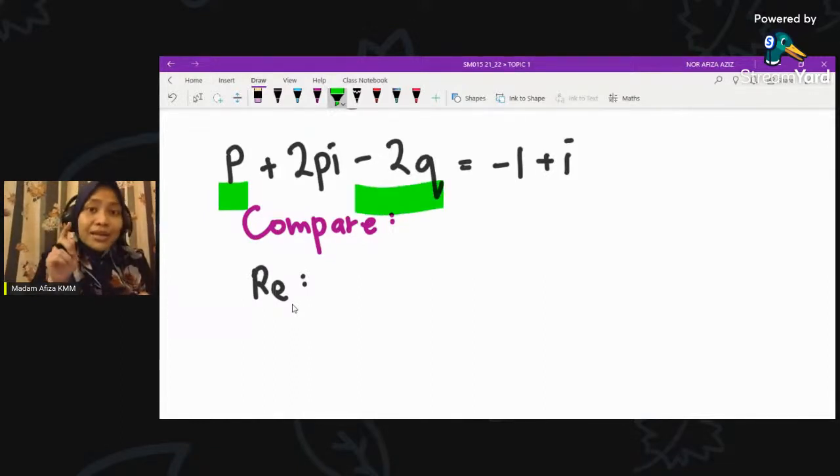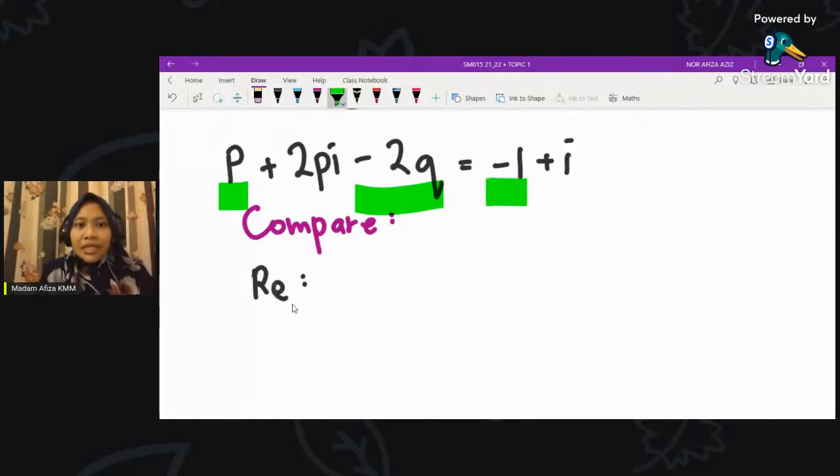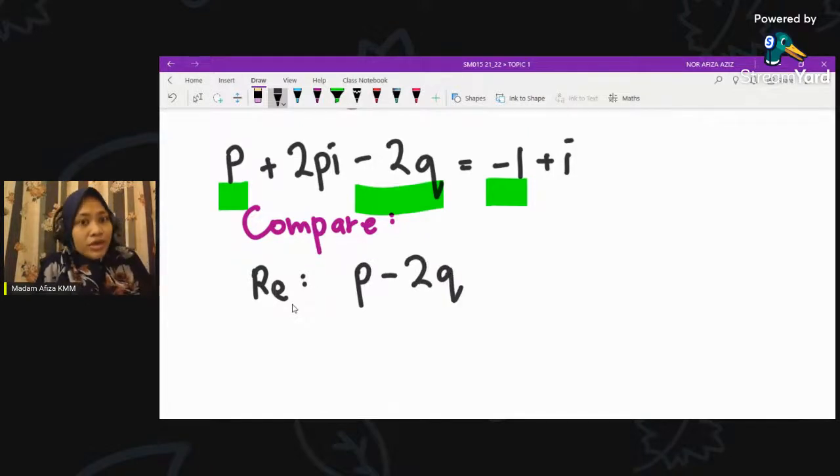The number has no i. That's all, it's easy to identify the real part. So in this case we have p and also negative 2q, and on the other side, we only have negative 1. So write accordingly: on the left side we have p minus 2q, write everything on the left side, and then equal to negative 1. So this is the real part.